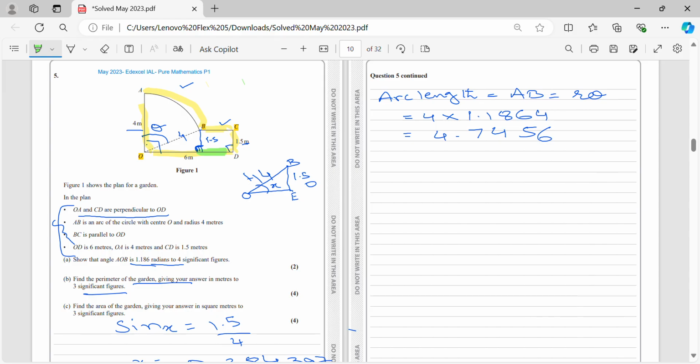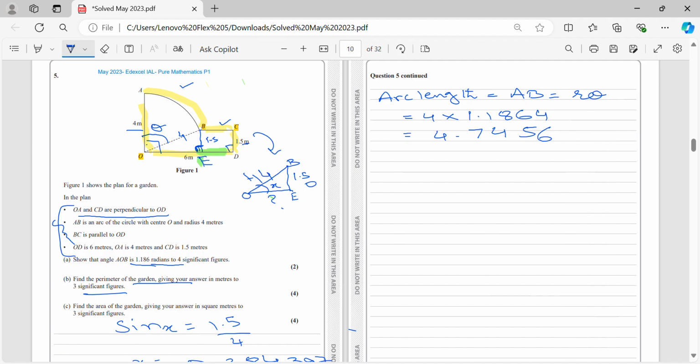From the total, if I get OE, let's say this is E, I already drew a triangle here. So if I get this length, I can subtract it from the total to get ED or BC.